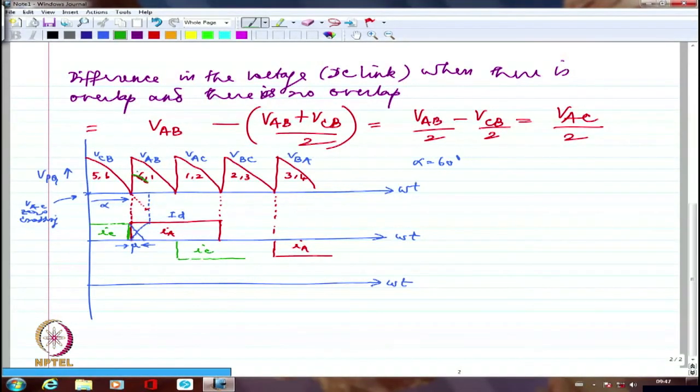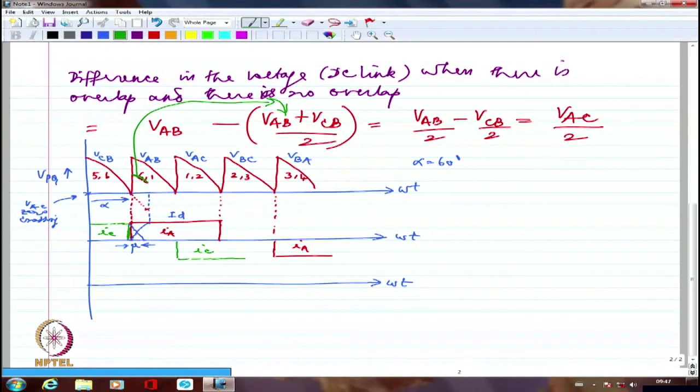So I am going to have, until 5, 6 and 1 conduct, instead of getting VAB, the average of VAB and VCB. The moment phi gives up, when the energy in LS is gone, it will go back to VAB.